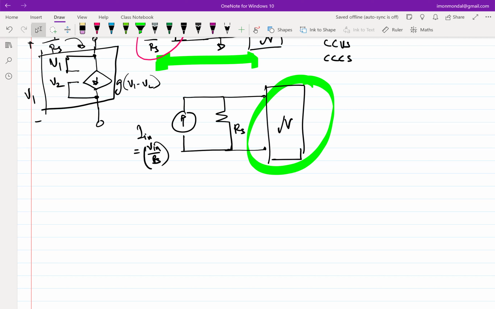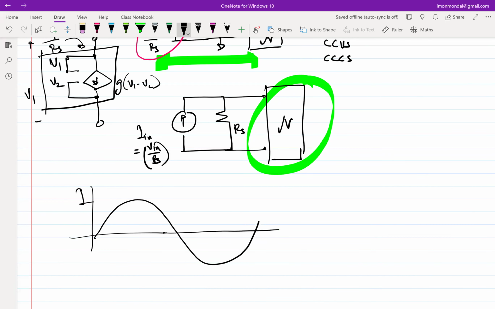An example I can give you is, let's say you pass a lot of current through a resistor. Let's say you pass a sinusoidal current through a resistor, and assume this current is huge, a very high value.